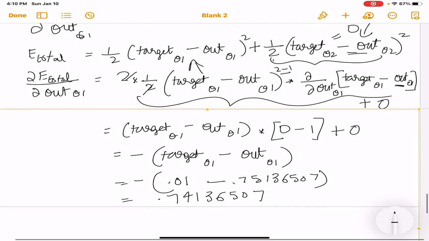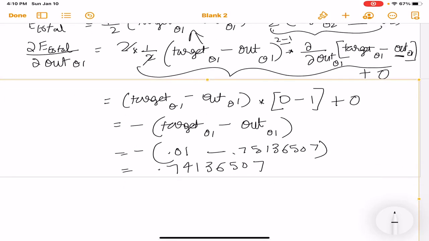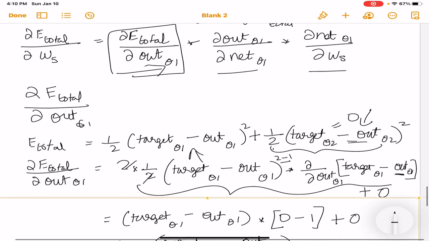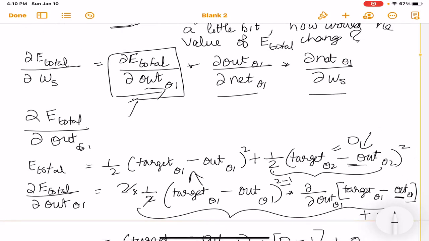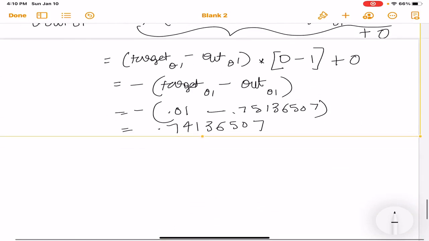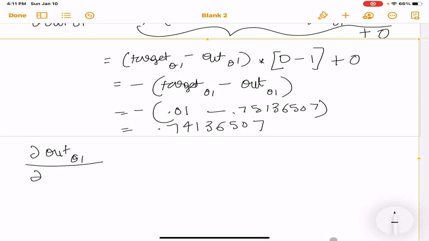So this is the partial derivative of the first piece that goes into my equation for E total by dou out O1. Similarly, I have to compute this partial derivative and this partial derivative. So next I need to compute the partial derivative of dou out O1 divided by dou net O1, right?